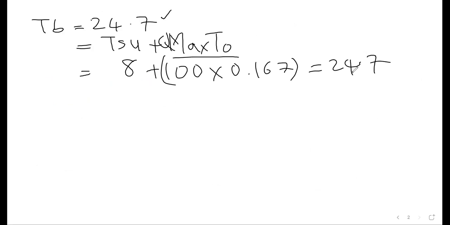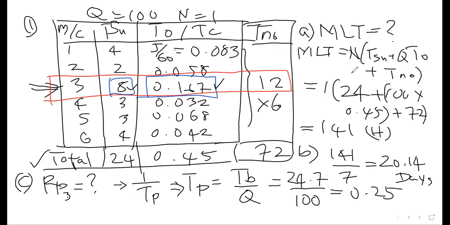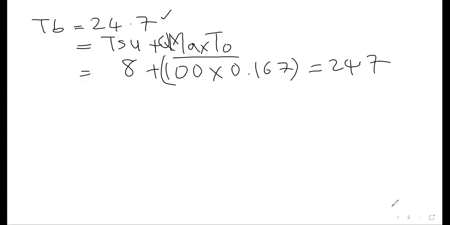So you can calculate, you can get 24.7. So this value. All right. So after you get the TP is 0.25, RP equals 1 over TP, you get 0.25.